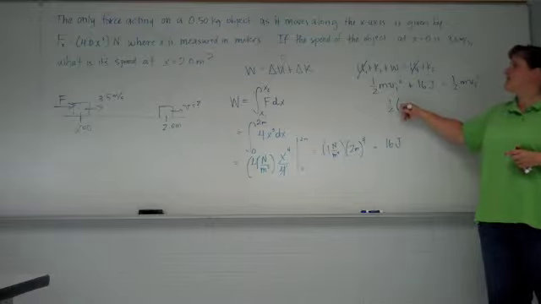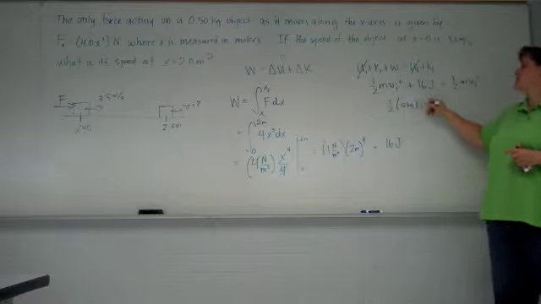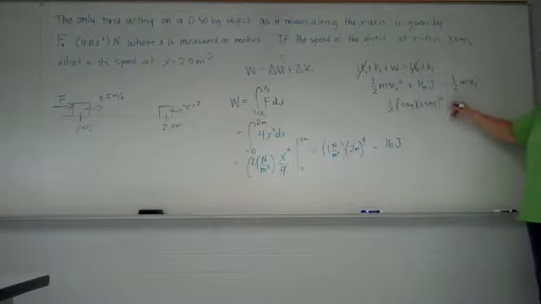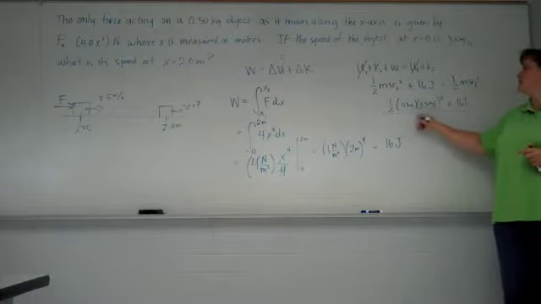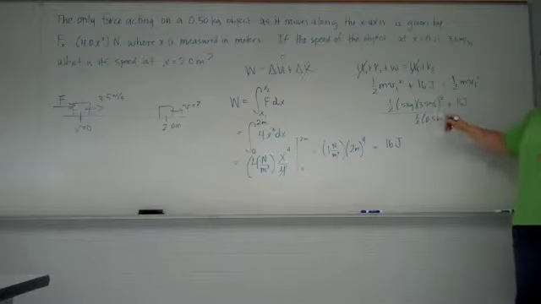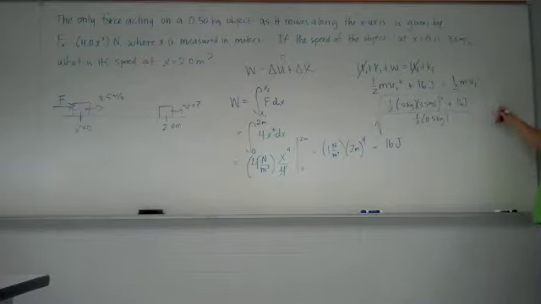So 1/2, our mass was 0.5 kilograms. Our initial speed was 3.5 meters per second. Need to square that. Plus the 16 joules divided by the 1/2 of our mass. Square root of that is v final.